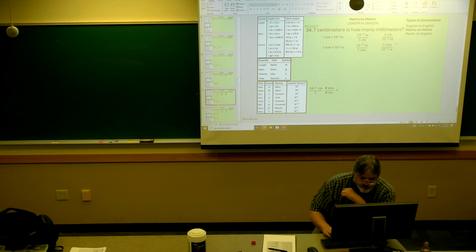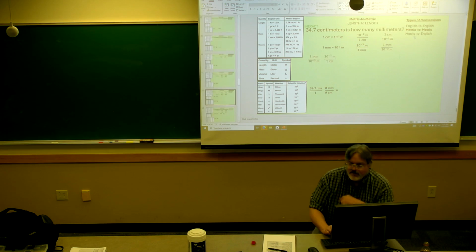So what I need is a conversion factor that has millimeters on top and centimeters on the bottom. So I can take these relationships and say, this is the only one up here that has centimeters on the bottom, and this is the only one up here that has millimeters on top. I'm going to pluck those two out and start working with them.